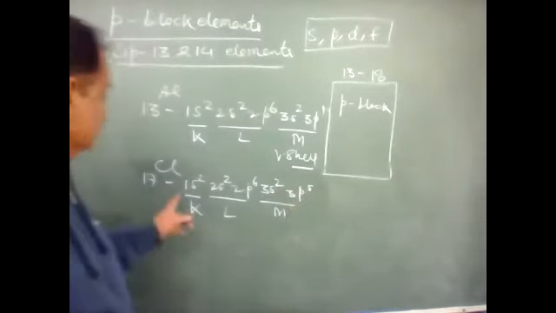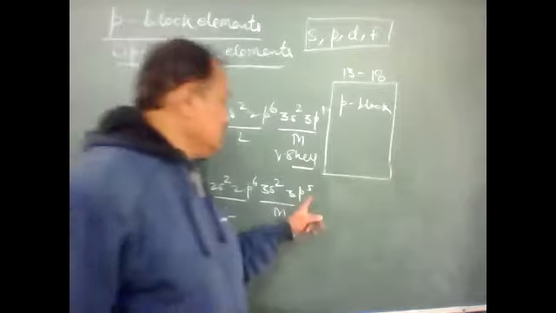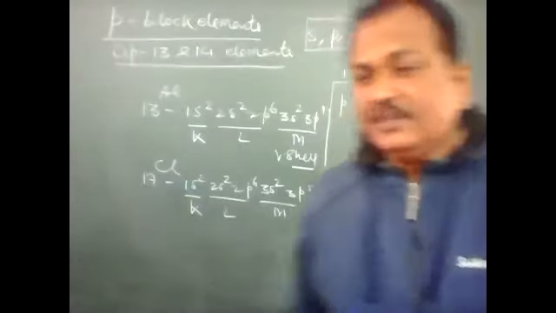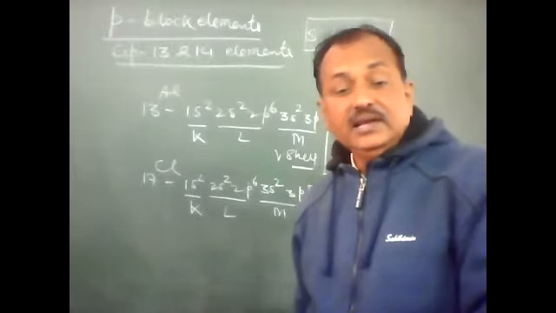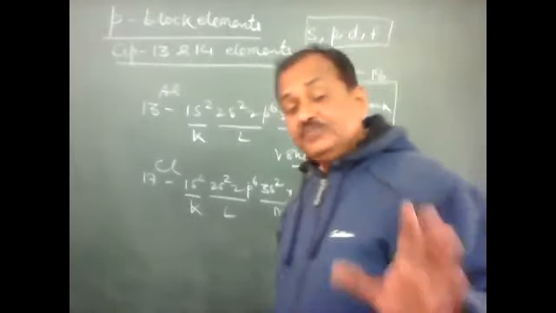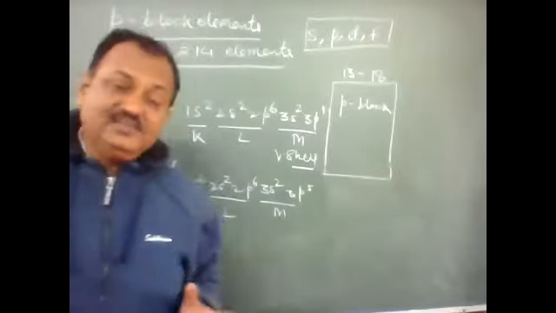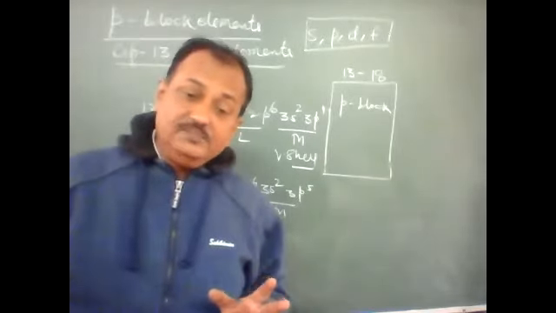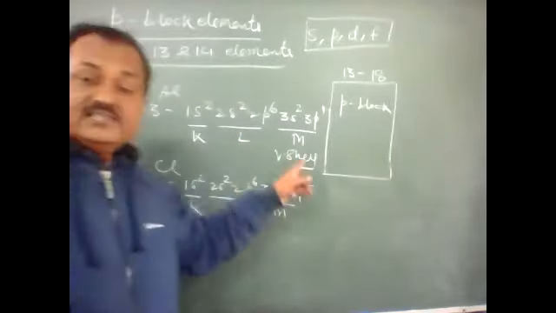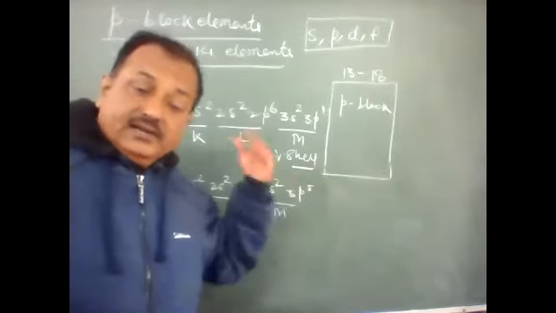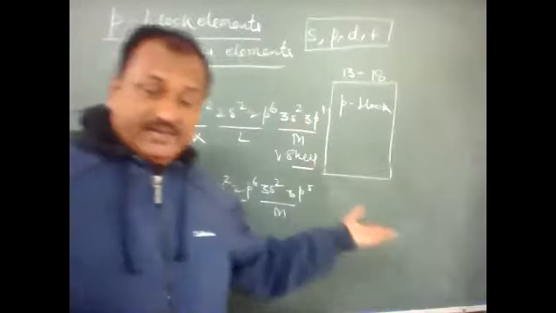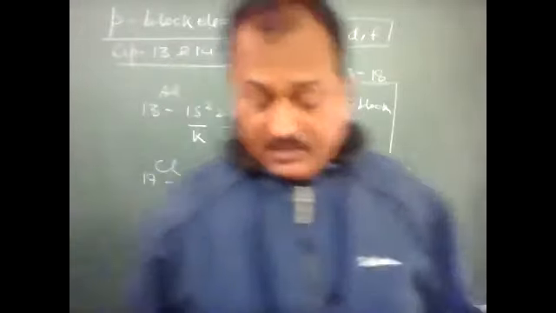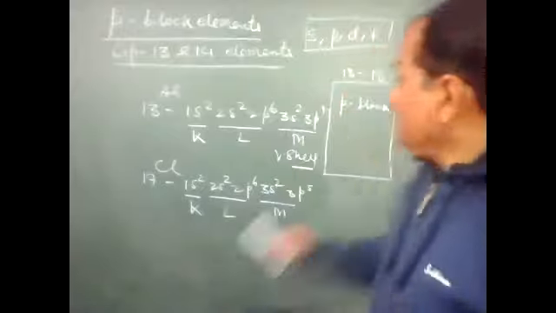That's why chlorine belongs to the P block. So this is a very simple condition: the entry of the last electron into the valence shell is the condition, and we say it is a P block element.